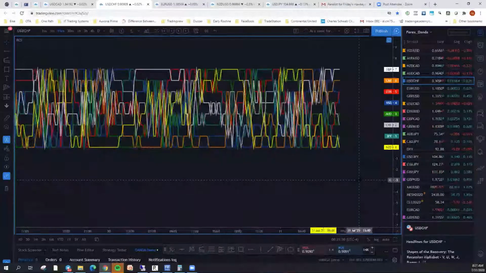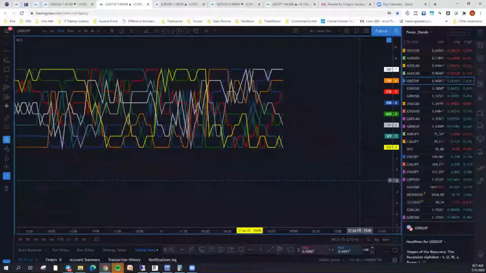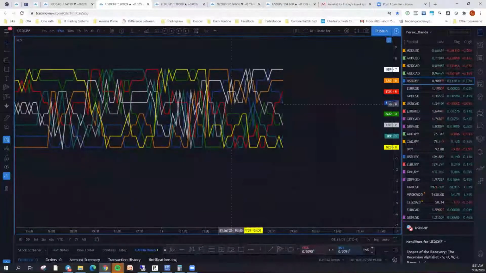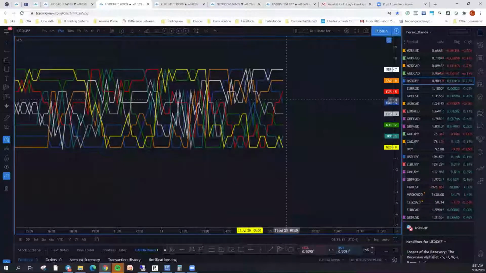So it looks like the pound has had some momentum up early on, and now it's just flat, which means it's holding the strength. U.S. is up and down. Yes, CAD is and big moves up and down.